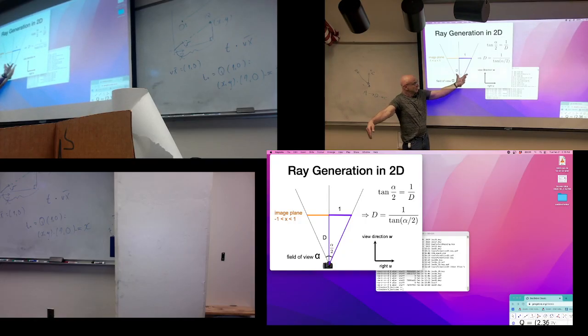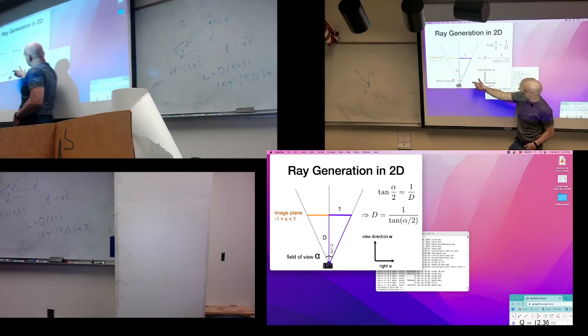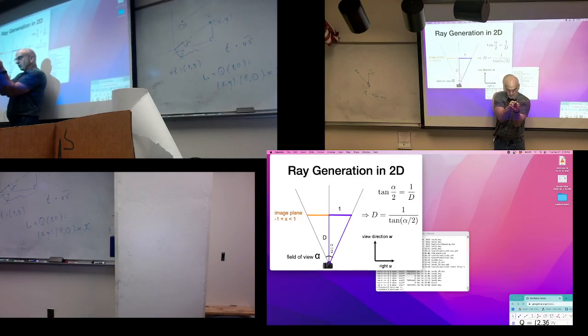So zooming in and zooming out is nothing but changing alpha over here, changing how wide your view is. If you're not changing the number of pixels, then decreasing alpha means the same number of pixels is used for a much smaller part of the image, implying, of course, zoom.